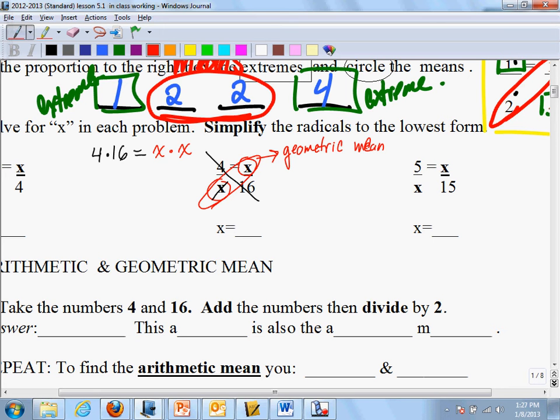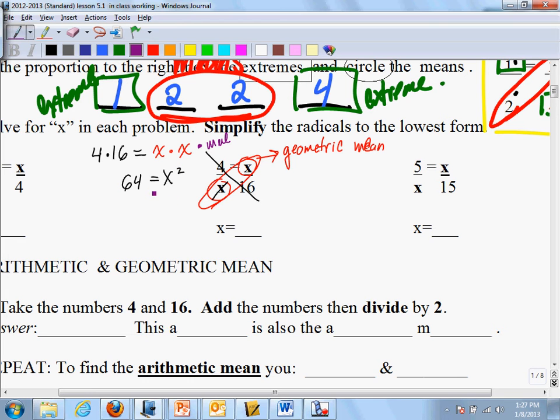Guevara, x times x is what, sir? Okay, let's try that again. Yes, bingo. So we have x squared equals 64. So notice in step 1, just right here, write the word multiply. The first thing we did was multiply.